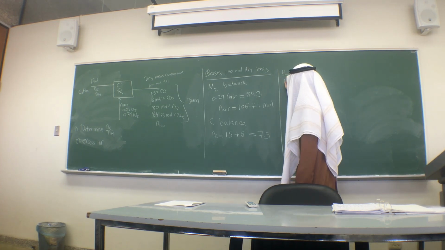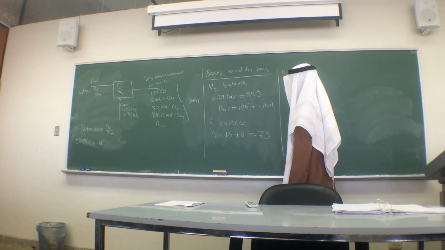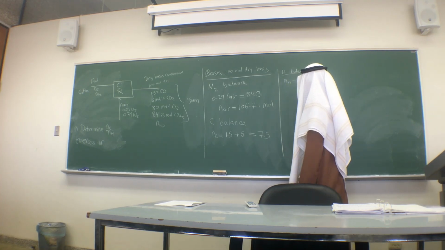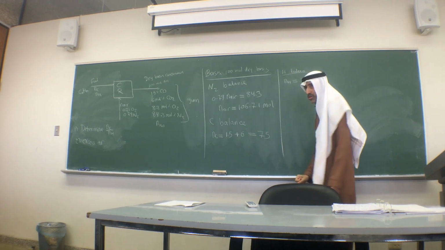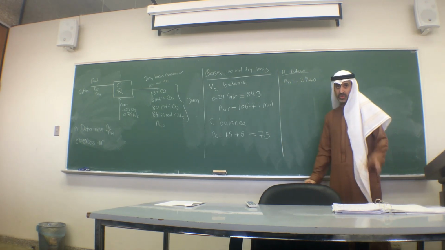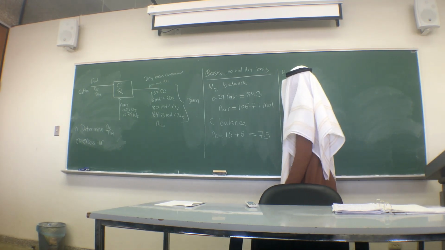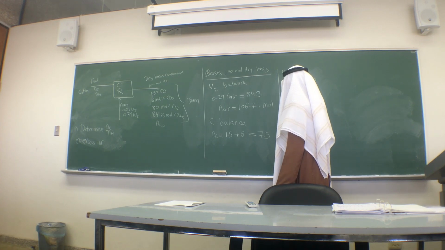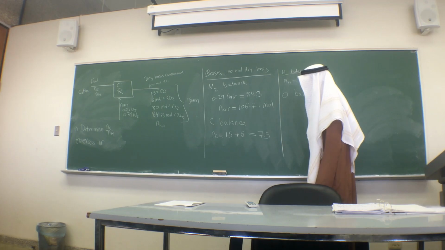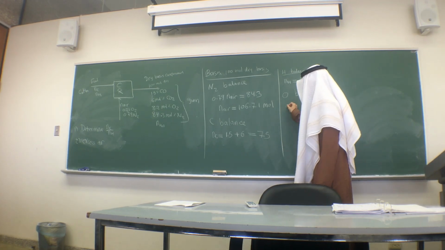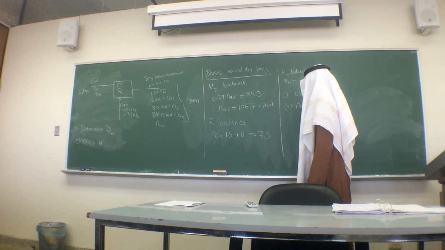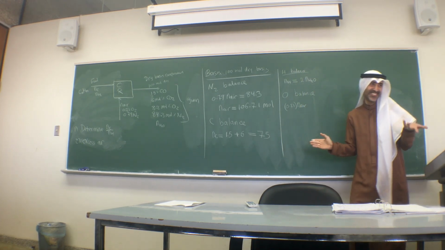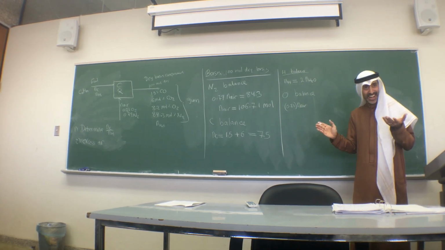H balance: NH equals 2 times N H2O. Do we know it? No, we don't know it, so we leave it. Still we have something left: the O balance. N air times 0.21, multiplied by 2. Don't forget the 2, guys.